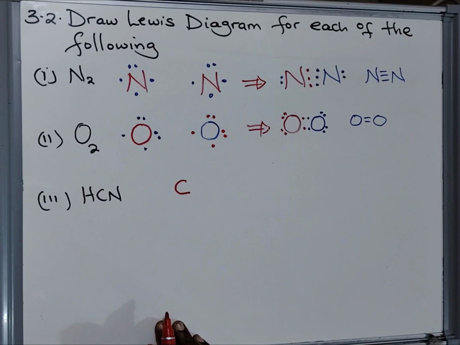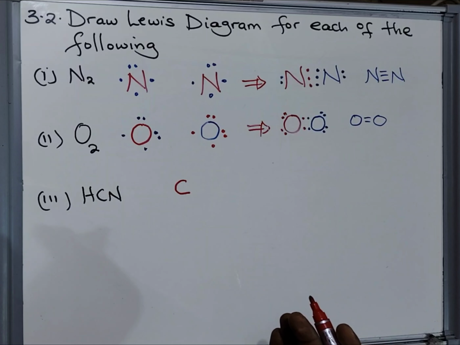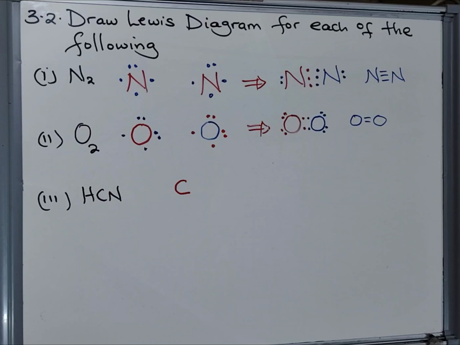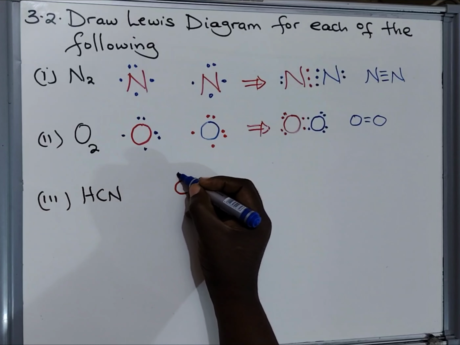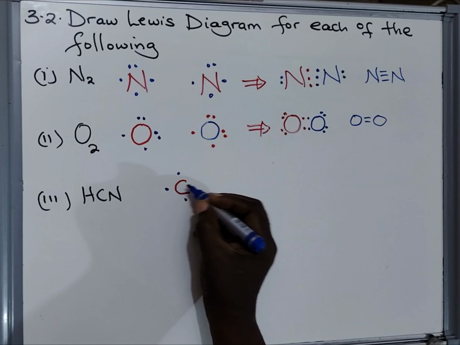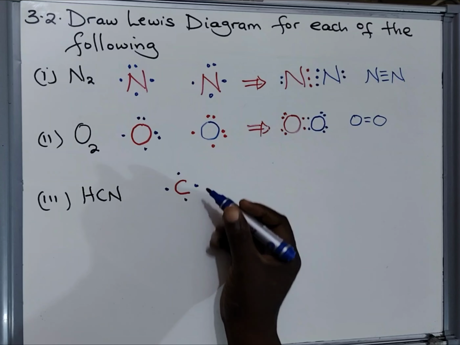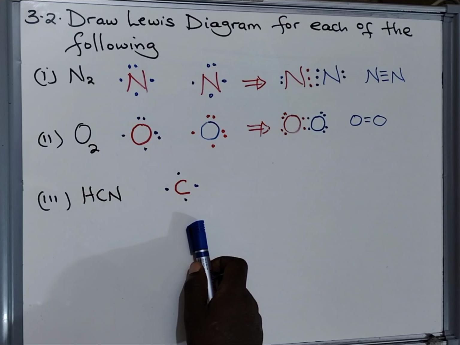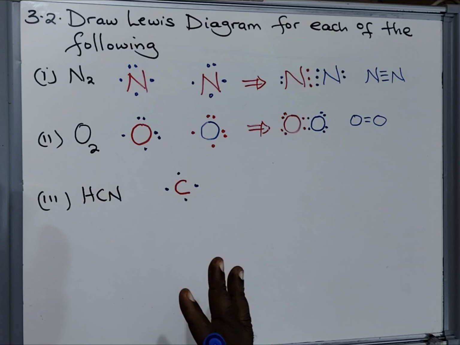It belongs to group 4, or group 14 for people who believe in the other version. So group 4 has how many valence electrons? 4. So we can have 1, 2, 3, 4. The implication here is that carbon has the capacity to form 4 bonds.